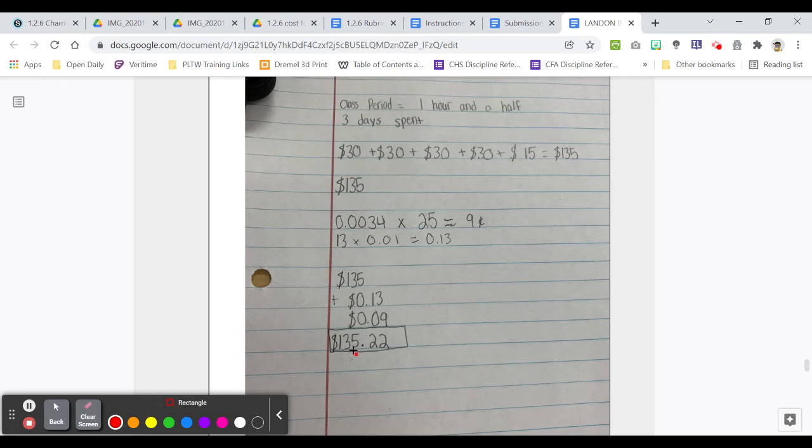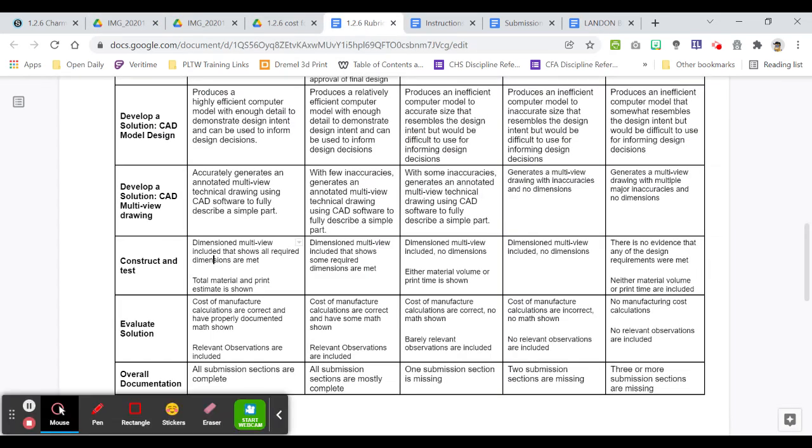However, all of the math was done and the print cost was calculated correctly. So let's look at our rubric. For full points, our cost of manufacturing calculations are correct and have properly documented math shown. This one, the example I showed you, got an 8 for having cost of manufacturing calculations correct, and some of the math is shown, but it might not have been properly documented.